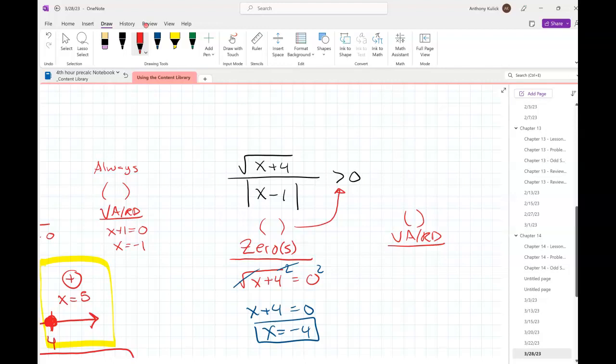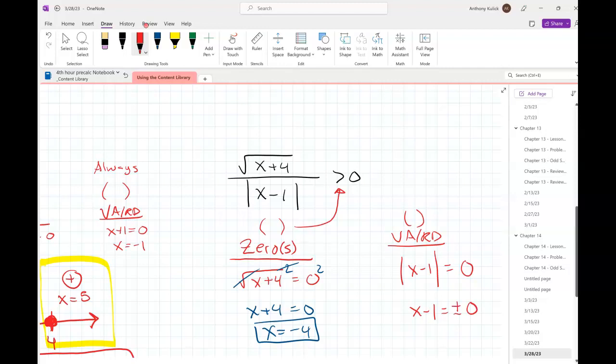Next, we'll find the vertical asymptotes or removable discontinuities. Those always get a parenthesis. We just do that by taking the denominator and setting that equal to 0. How do I get rid of the absolute value? I just put a plus or minus on the right-hand side.